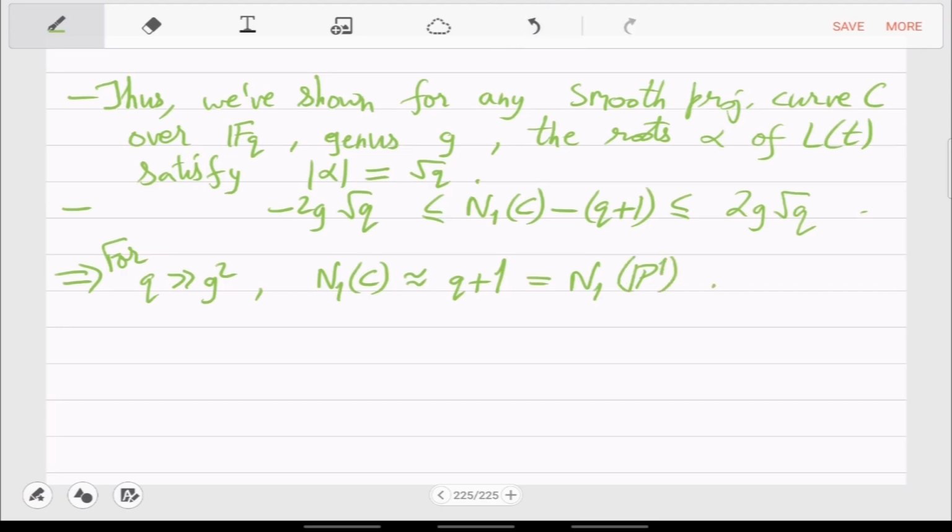So for a large enough finite field, you start getting as many points on the curve as you have on the projective line. So I think of it like when you go to a very large field, every curve almost becomes a line. Yes, exactly. That is the Riemann hypothesis.